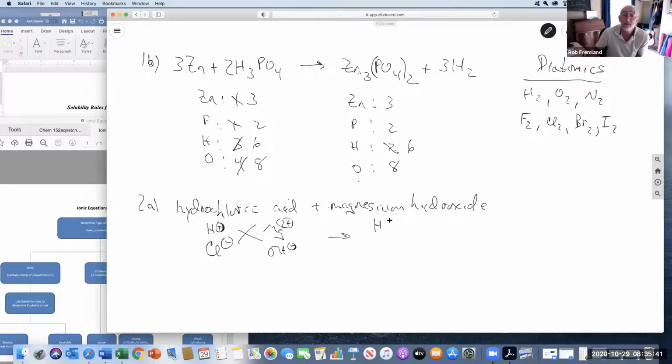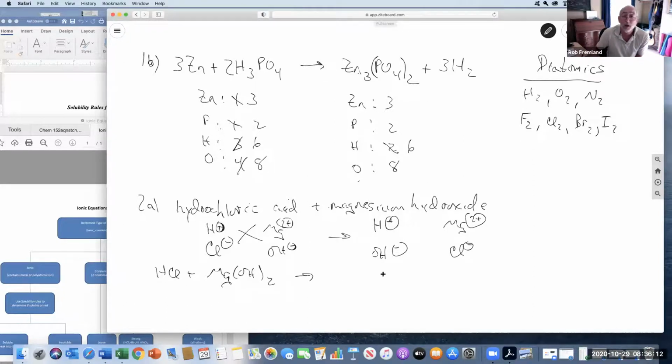So the H+ will go with the OH, and the Mg2+ will go with the Cl. If you take the extra minute to do this step, it's much harder to make some of the mistakes that people make very commonly, like putting the wrong things together. You don't want to put the H and the Mg together. But if you don't write the charges, it's not quite as obvious.